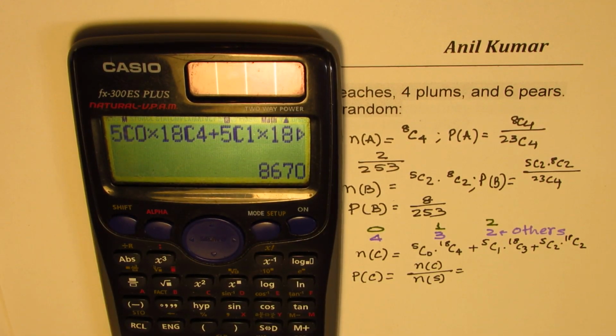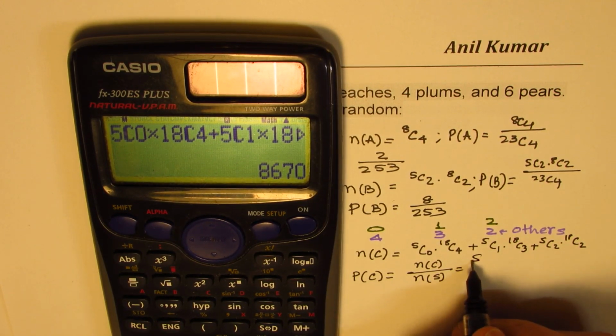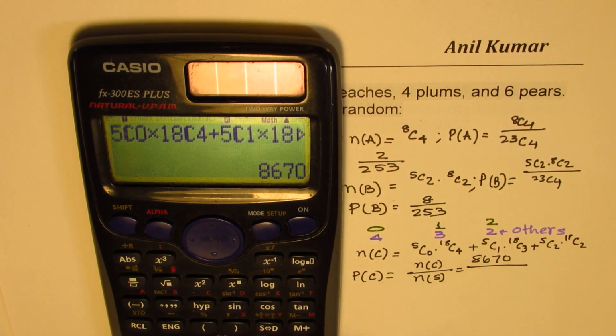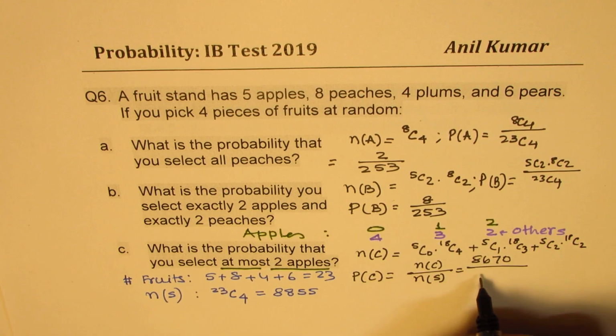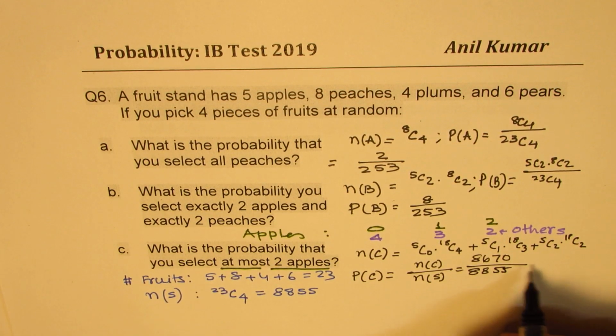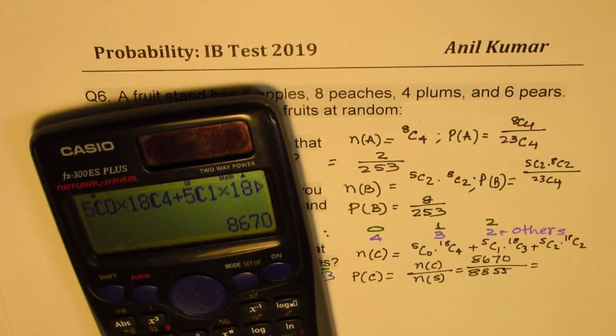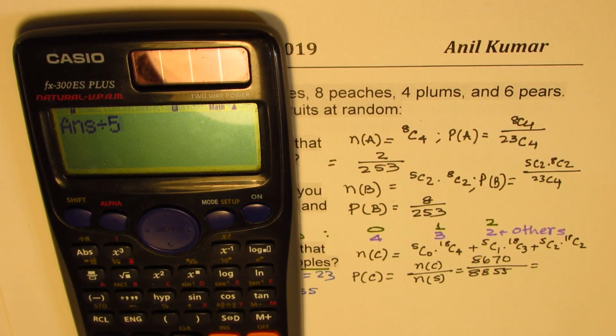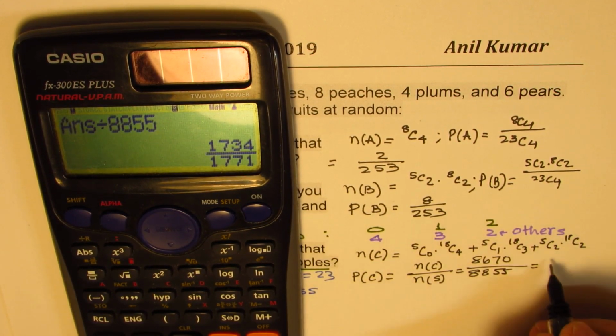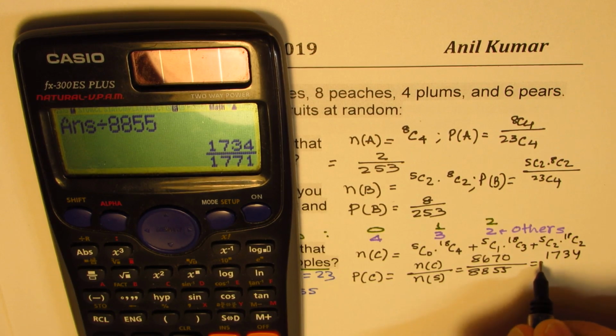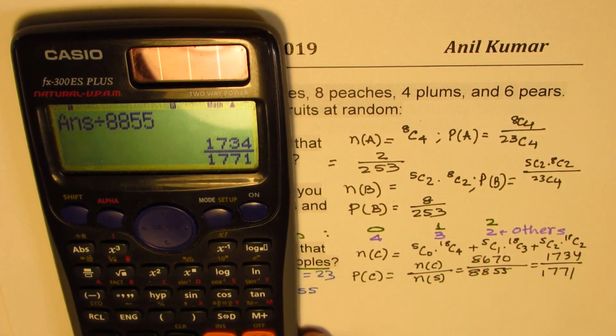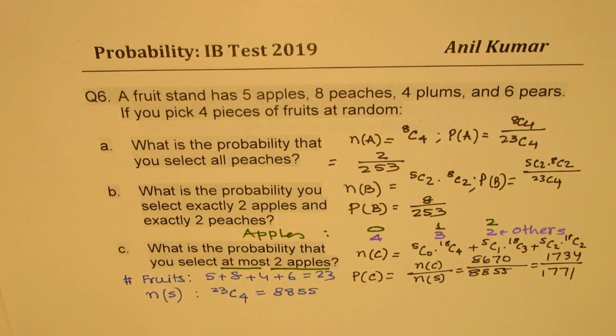All this in the numerator, which is 8670, divided by, we have already calculated that number, 8855. We'll do that, correct? So we'll divide this by 8855 to get our answer, which is 1734 over 1771. So that is how we are going to calculate. So I hope all the steps are absolutely clear. So have a good look at it and then move on to question number 7.